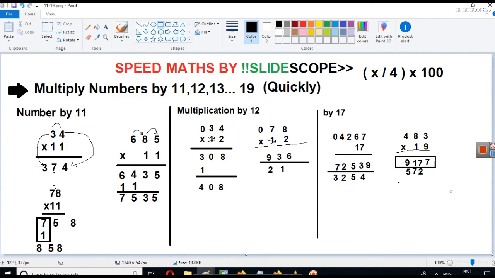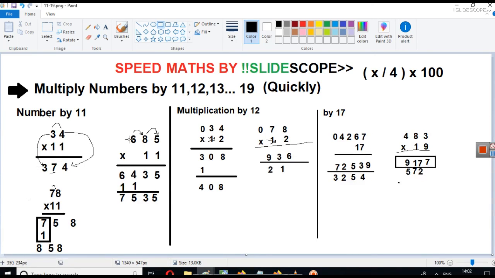So see how easy it is, and using this simple trick you can calculate multiplication of any number. It can be a number of any number of digits, and you can multiply it by 11 to 19. For 11 it is really simple.